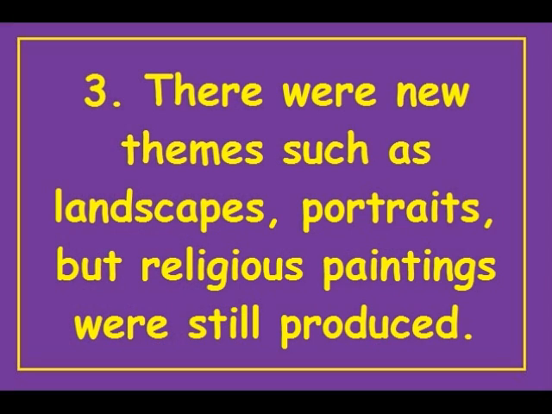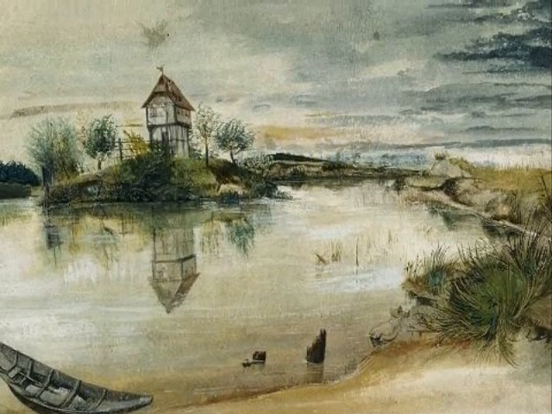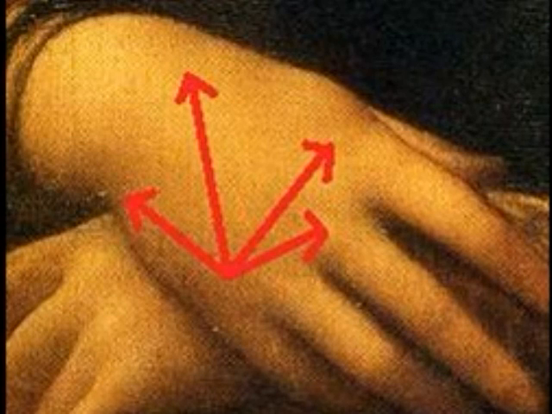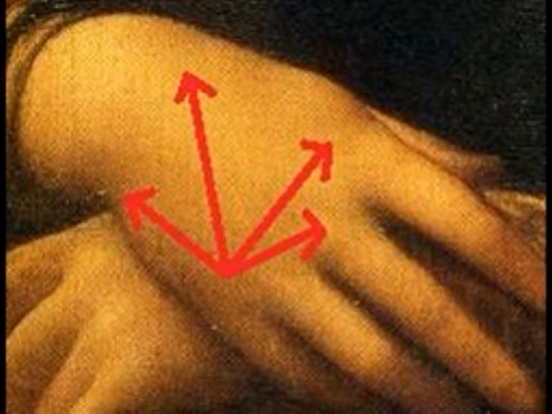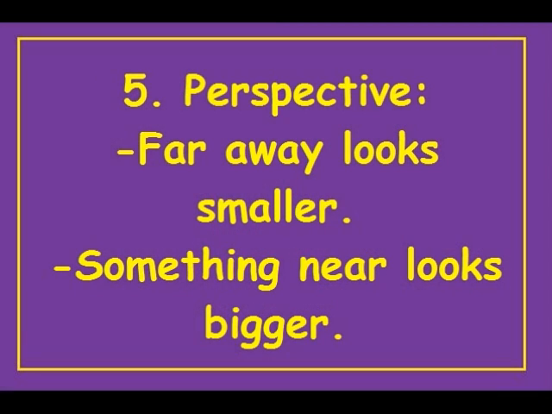There were new themes such as landscapes and portraits, but religious paintings were still produced. Paintings looked 3D. The technique of perspective was introduced, where things far away look smaller and things nearer look bigger.